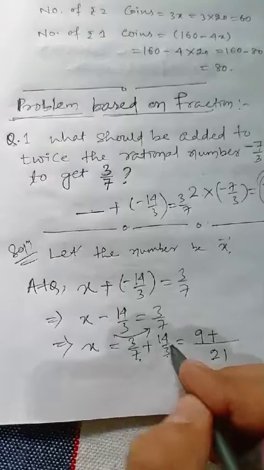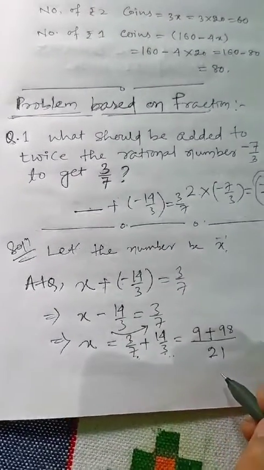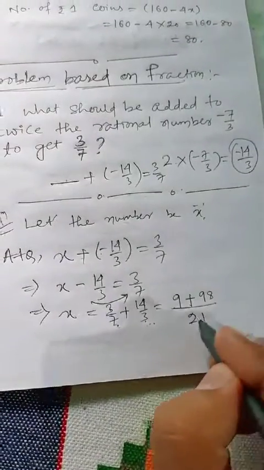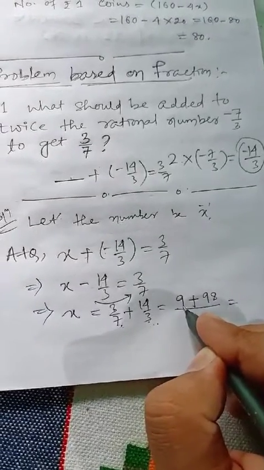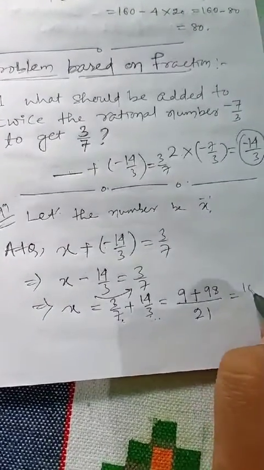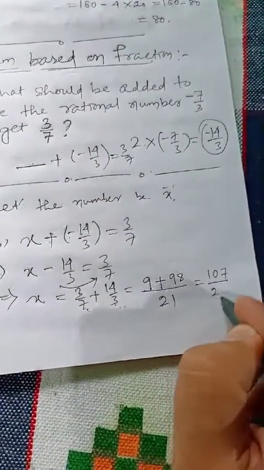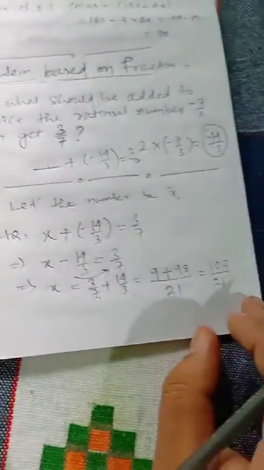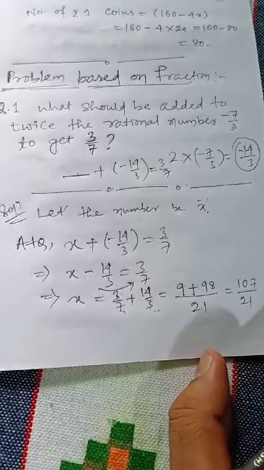So 14 sevens are 98. In the next step, 98 plus 9 will be 107, and in the denominator I will write 21. So the value of x is 107 by 21.